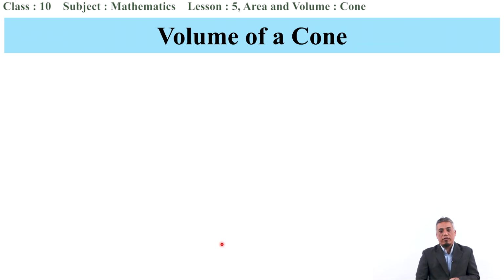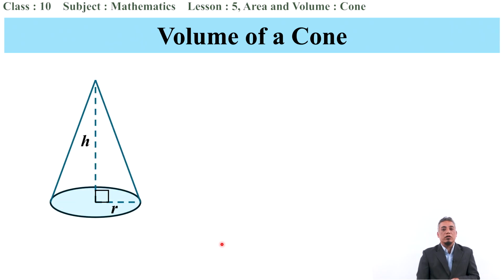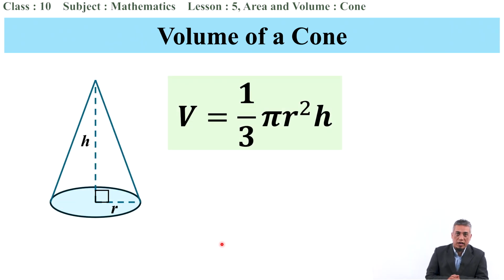Okay, so finally we can conclude this formula for the volume of a cone. If you know the radius of the base and the height of the cone, you can find the volume as V equals 1/3 pi r square h.